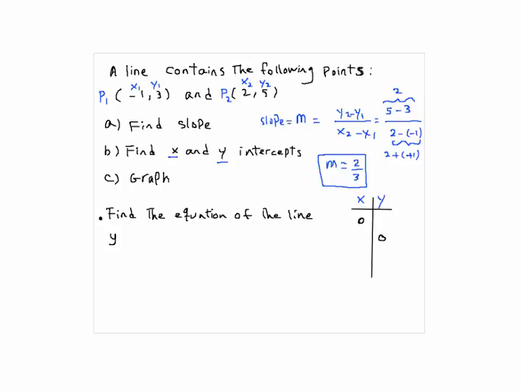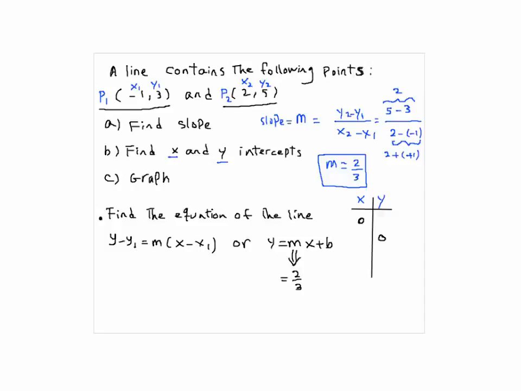You can use y minus y1 is equal to m times x minus x1 formula, or write y is equal to mx plus b. This is probably easier to use because I already know what the slope is.